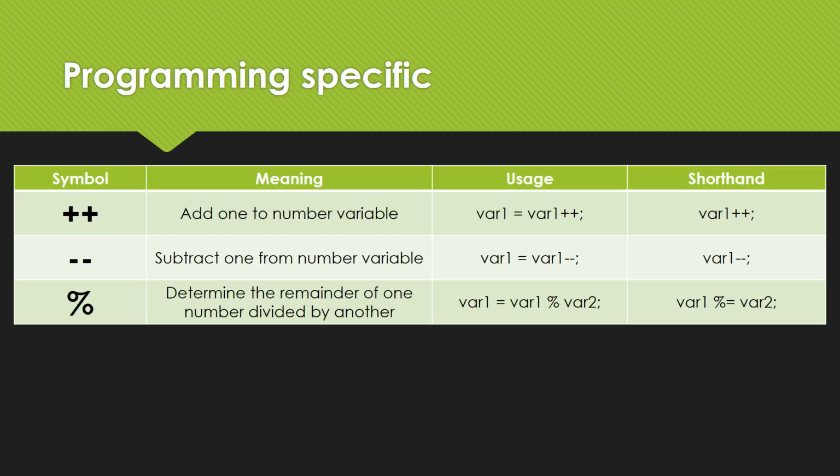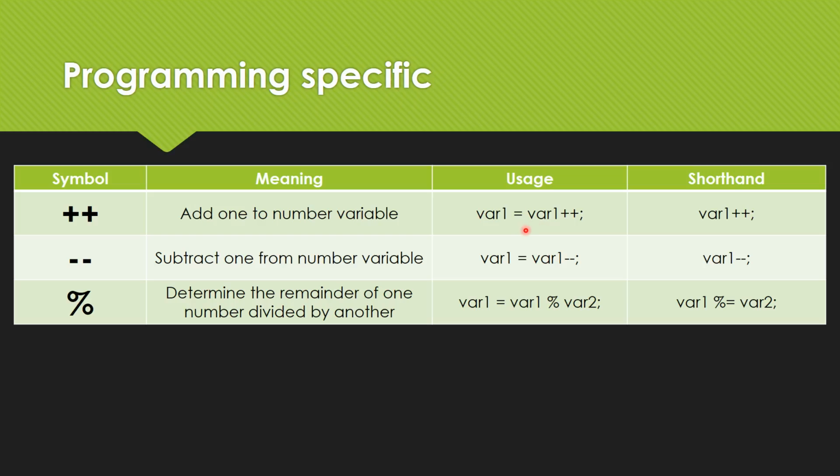There are a few programming specific operators. We have the plus plus and minus minus, and we'll talk about modulo in a second, but plus plus and minus minus respectively add and subtract 1 from a variable.